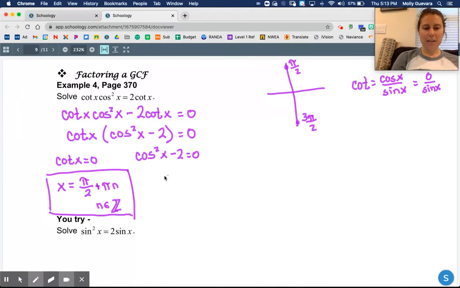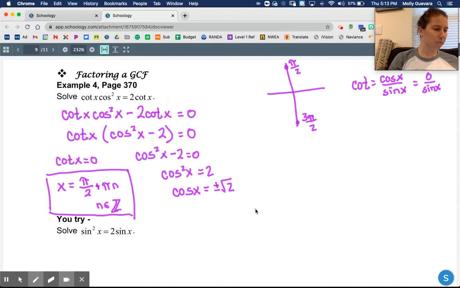Okay, the next one. Cosine squared of x equals 2. And take the square root. Cosine of x equals plus or minus the square root of 2. So when is my cosine square root of 2?